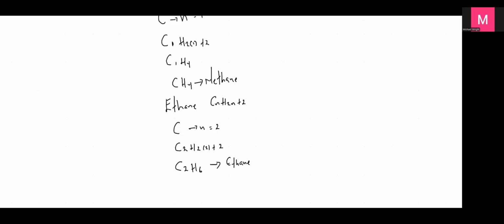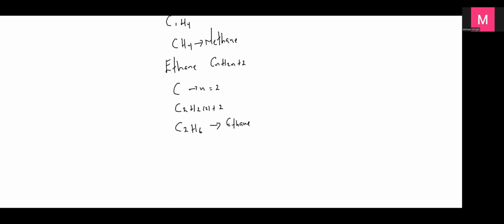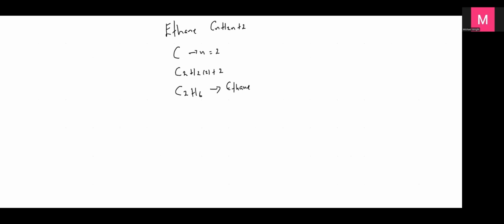Okay, so I'm going to assign you the next exercises, and I will show you the answers. Try to find what is each one of these exercises' global formula. Okay, so I will assign you the molecules. Try to find propane, and I mean propane contains 3 carbon atoms.